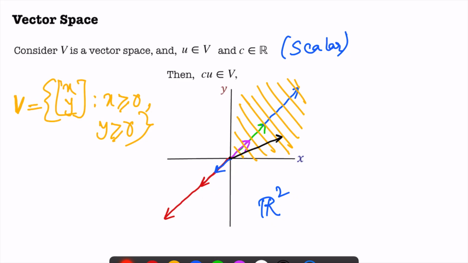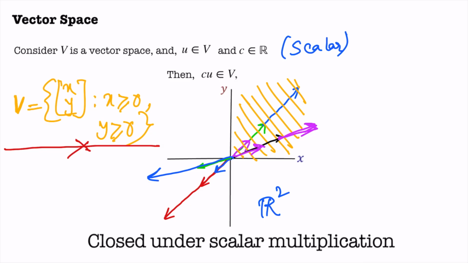If you multiply it with a positive scalar, of course it will stretch or squeeze. But if you multiply it with a negative scalar, the result will be outside that space, right? So this set is not a vector space. This property is called closed under scalar multiplication. The vector scalar multiplication should be closed inside the vector space.